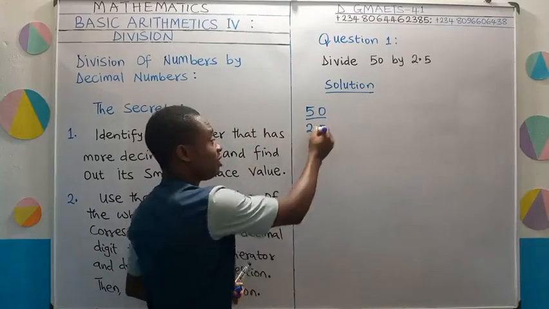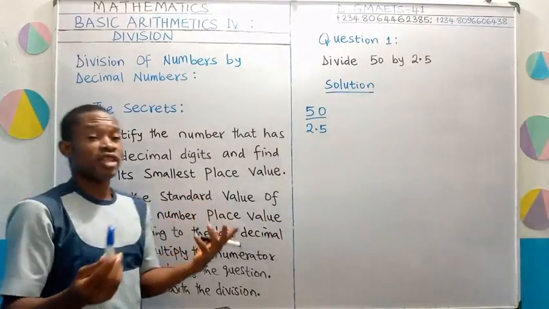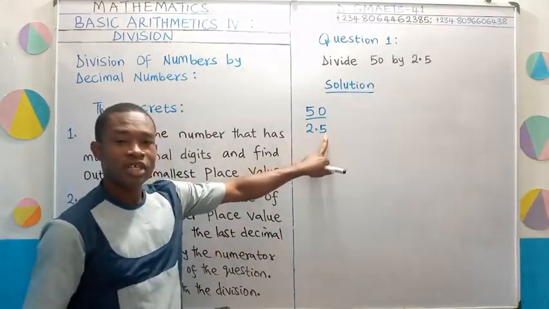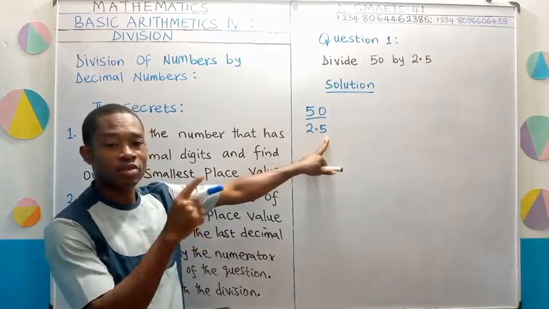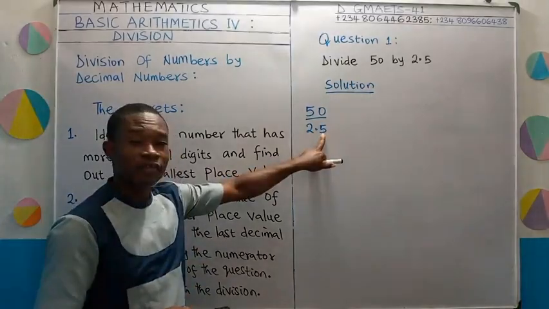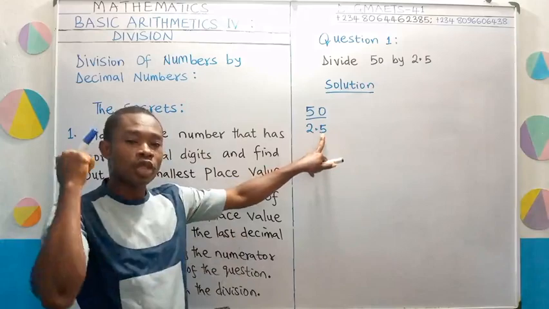Now clearly the denominator has more decimal digits. The numerator is not even a decimal number at all. Now coming to the denominator, this is 2.5. The smallest place value in the decimal part is this 0.5, this 5. Now the place value of this 5 is tenths. Now what you have to do is go to whole numbers.